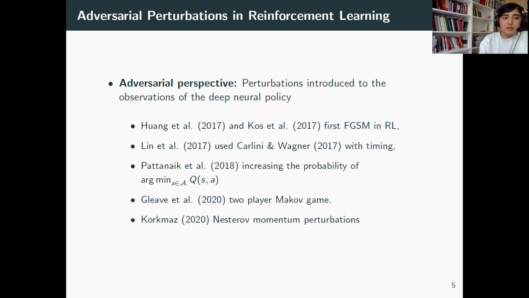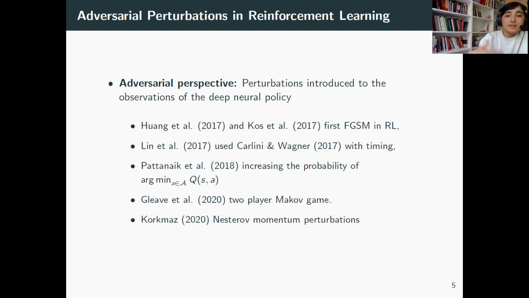The worst possible action here is the action minimizing the state action value in state S. And Gleave et al. propose to model this adversary more like an adversary that can take natural actions in a given environment rather than perturbations bounded by an Lp norm.